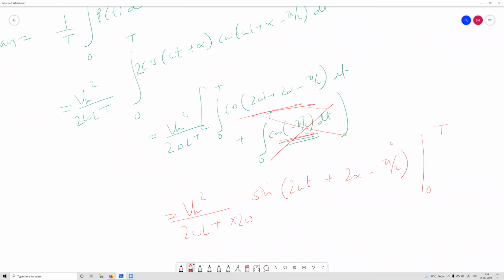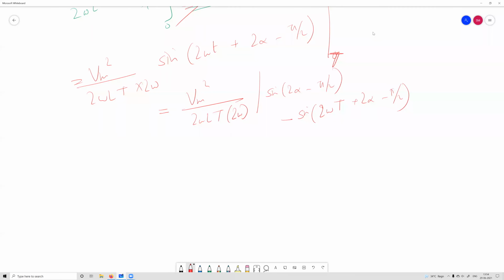Sine is cos, so cos is minus sine. Okay, so I can interchange the limit. So this would be Vm square by 2 omega L T into 2 omega. This would be sine of 2 alpha minus pi by 2 minus sine of 2 omega T plus 2 alpha minus pi by 2. What is omega? Omega is 2 pi f, that is 2 pi by T. So this T and this T will cancel out.